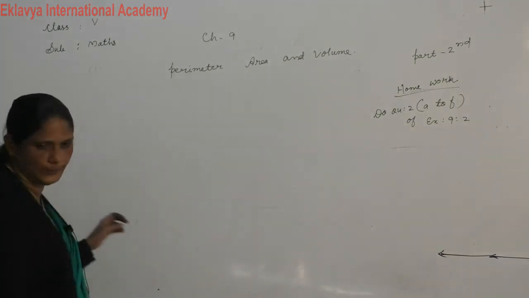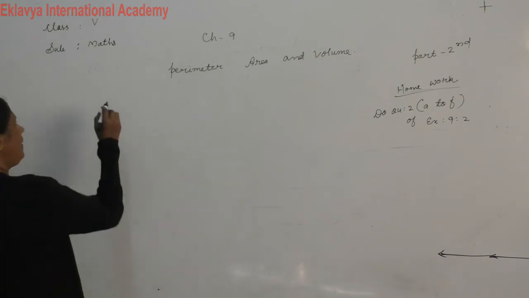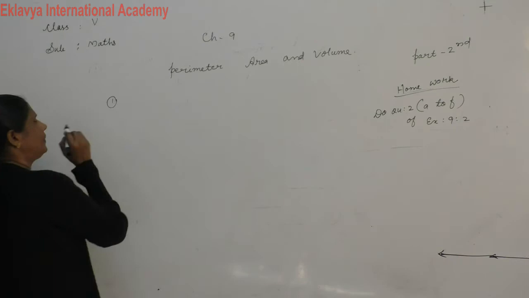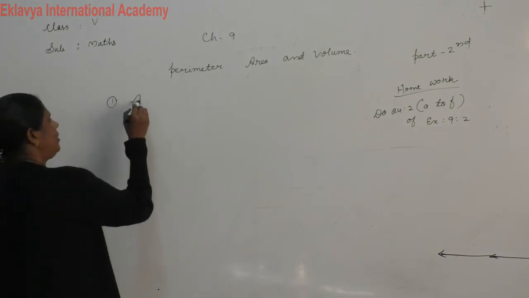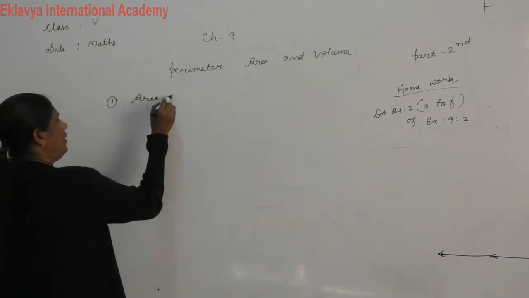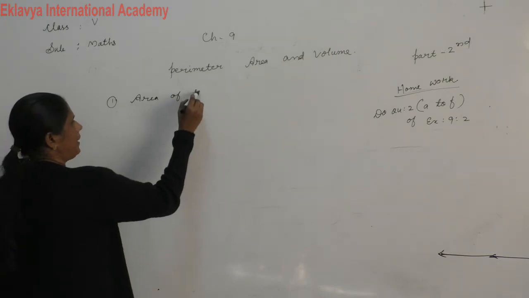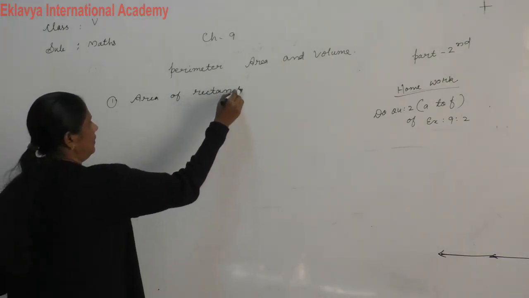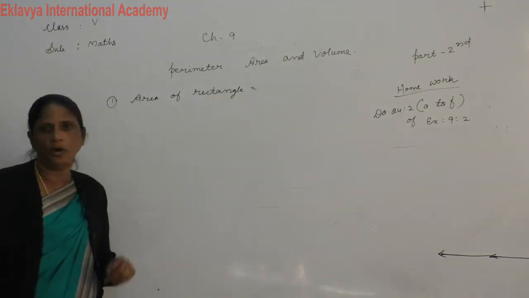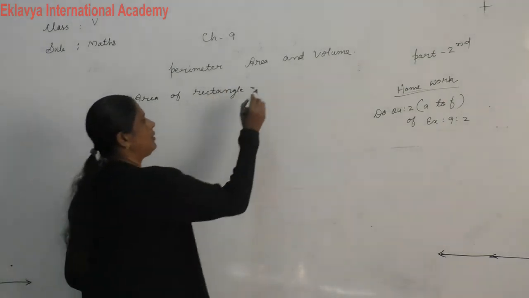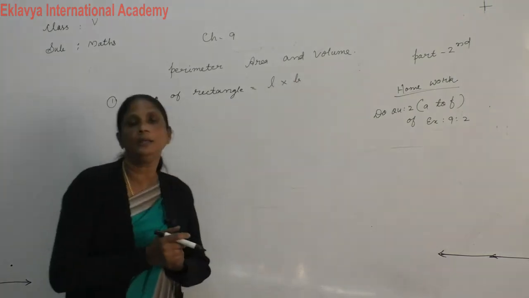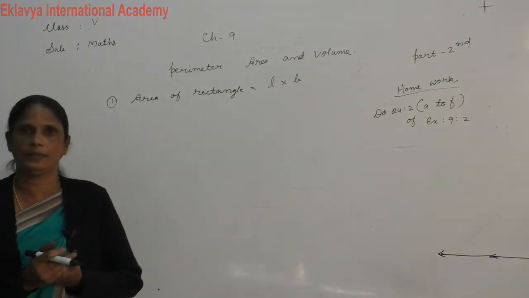First formula, area of rectangle is equal to L into B, length multiply breadth.